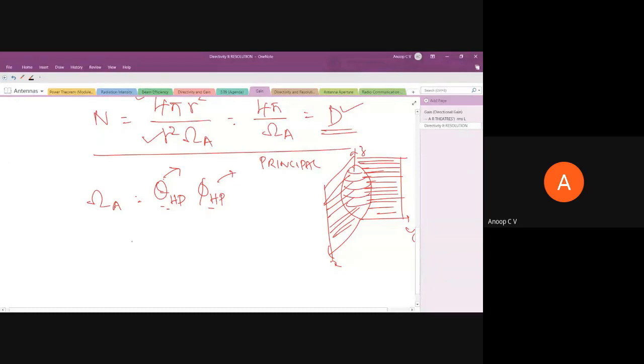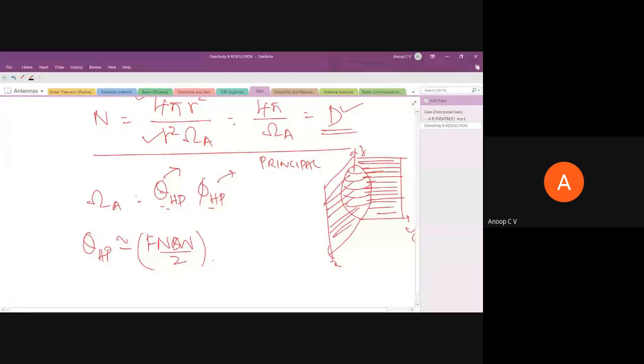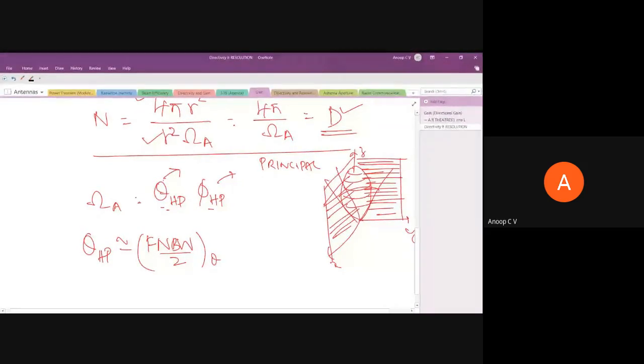We know this. I can write theta hp is approximately equal to first null beamwidth by 2 in the theta plane.